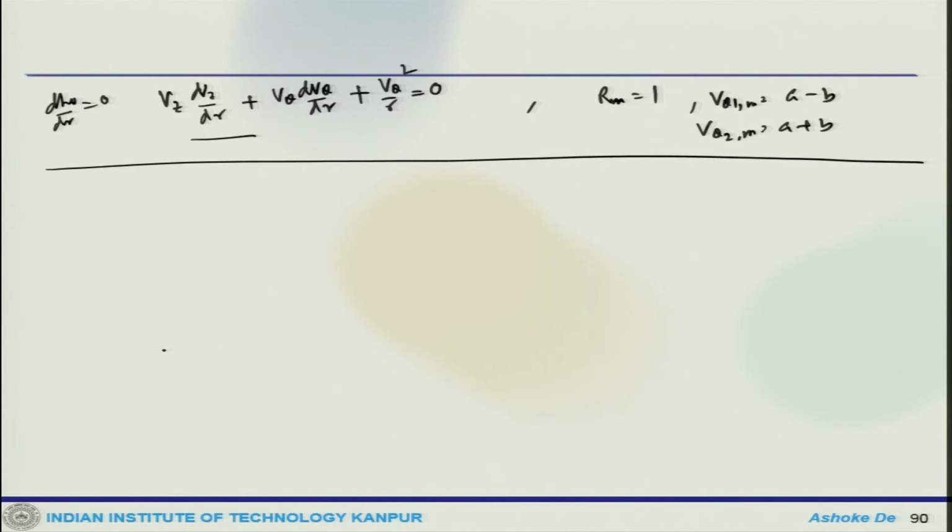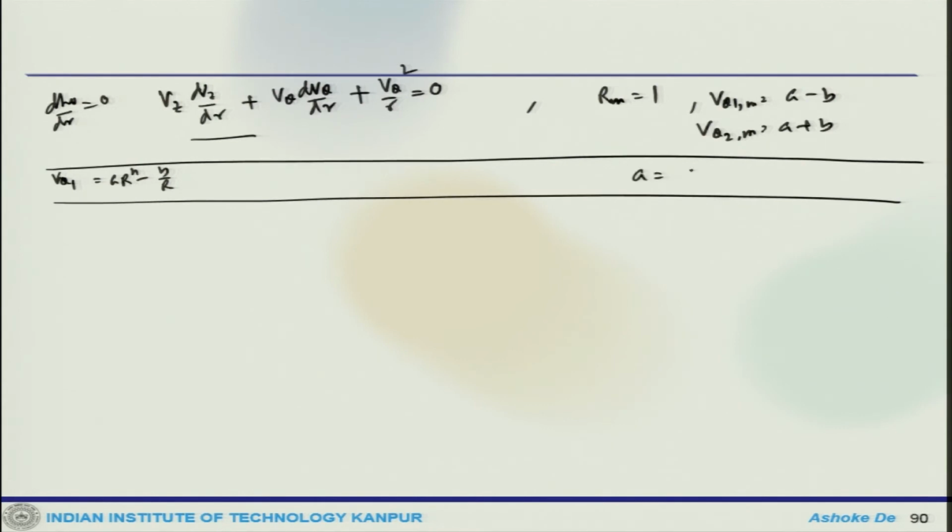So, for example, let us say we put V theta 1 equals A r to the power n minus B by r. Okay. If it is there, then A would be U m times 1 minus psi m.